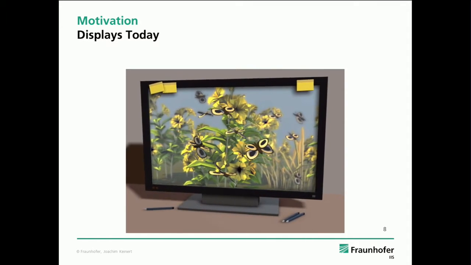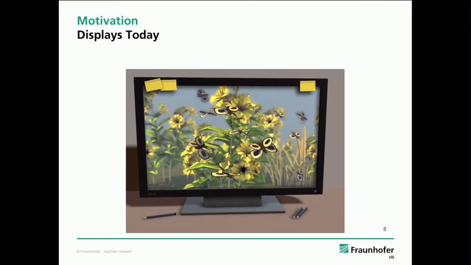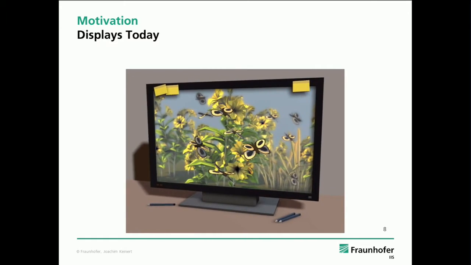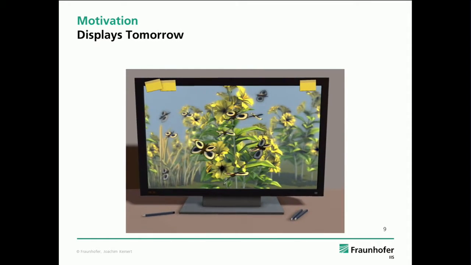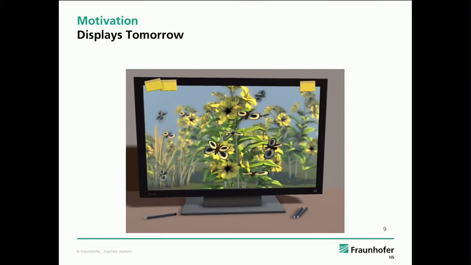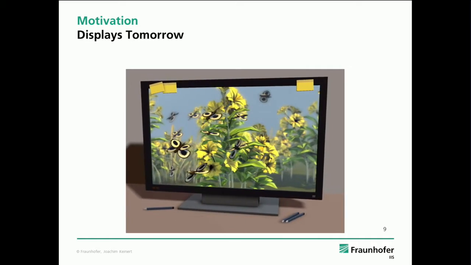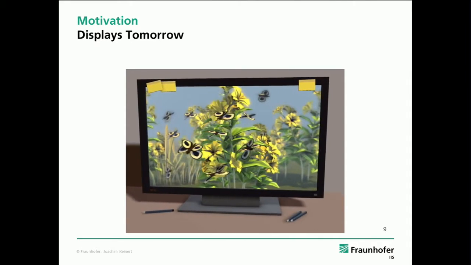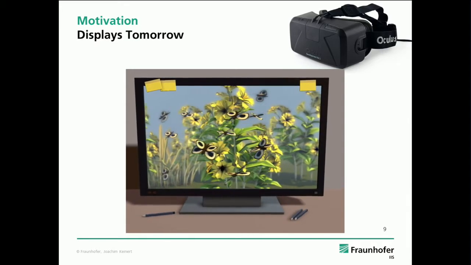Of course, we have today this typical 2D planar images, so we can watch this on standard displays. But at the end, of course, we want to have something more like a 3D positioning. We want to look behind objects. This can be done either with autostereoscopic displays, or with light field displays, or with VR glasses.